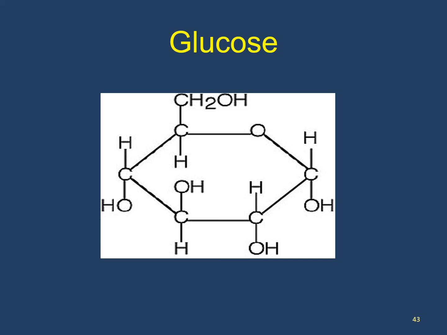So we've got 1, 2, 3, 4, 5, 6 carbons, 12 hydrogens, and 6 oxygens. C6H12O6. And when it's put together just this way, it's glucose. Now, if you just move one thing here, it's not glucose anymore.